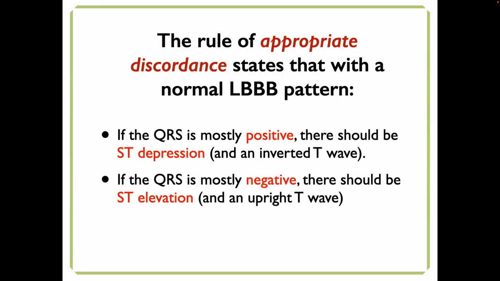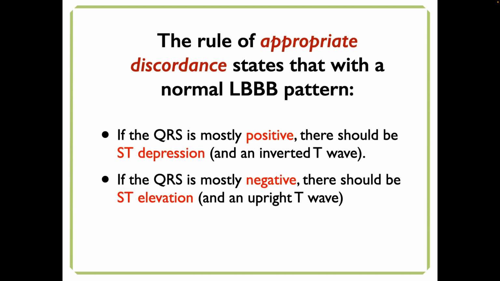So the rule of appropriate discordance, remember what that means: we're saying some kind of difference that's appropriate, that we expect to see. With a normal left bundle branch block pattern, if the QRS is mostly positive, then there should be ST depression and the T wave will be inverted.